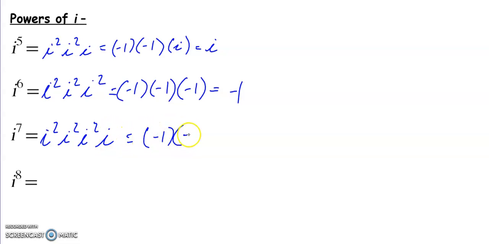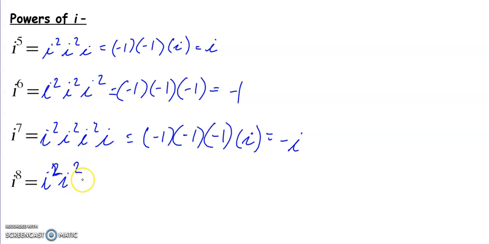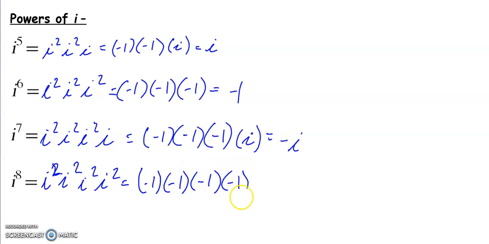So -1 times -1 times -1 times i is -i. And i to the 8th is i squared times i squared times i squared times i squared, which is the same as saying -1 times -1 times -1 times -1. A negative times itself an even number of times is a positive one.